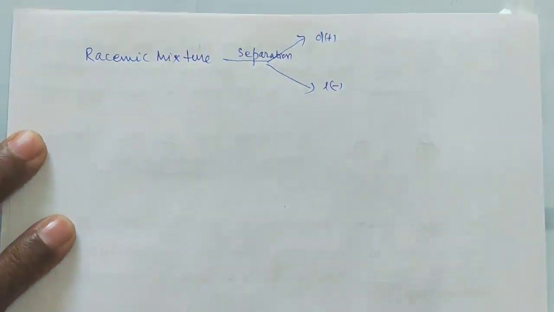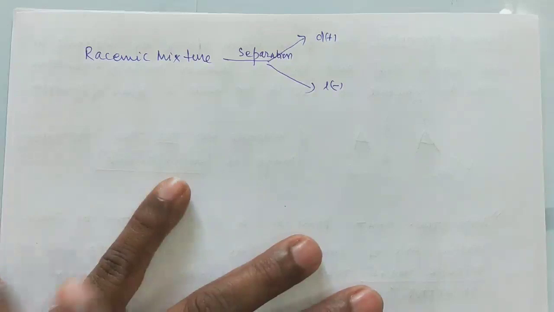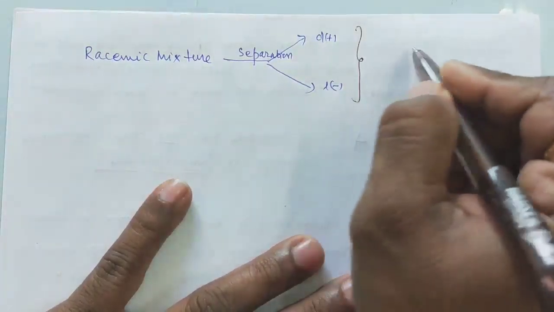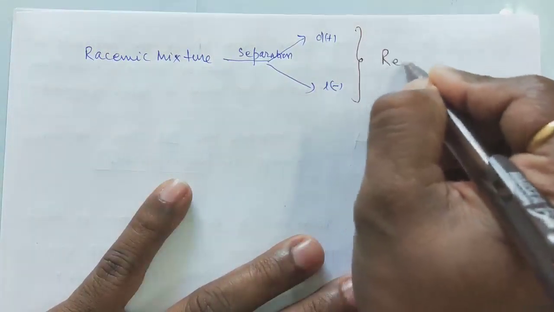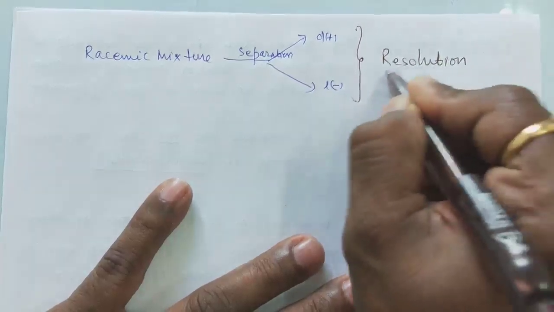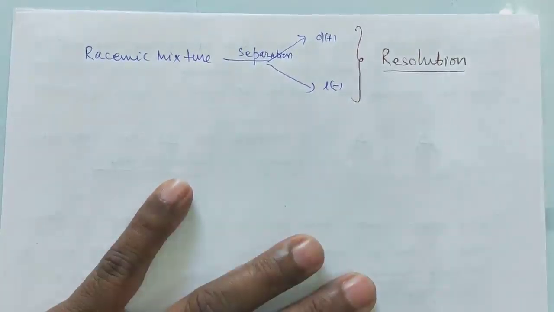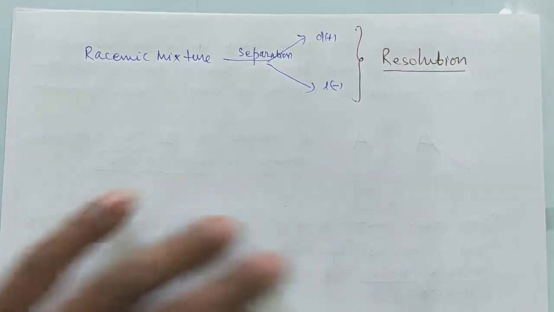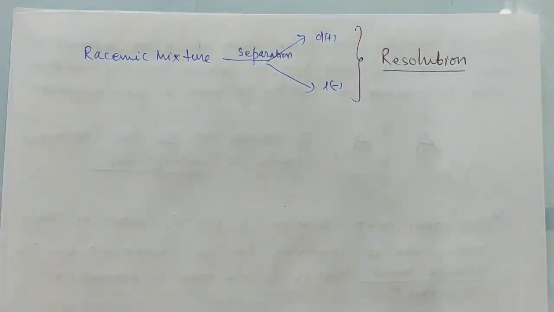The separation of a racemic mixture into the dextro and levo form, this method or phenomenon is called resolution. We can use a chemical method for this process, but the method of separation of dextro and levo form is called resolution.